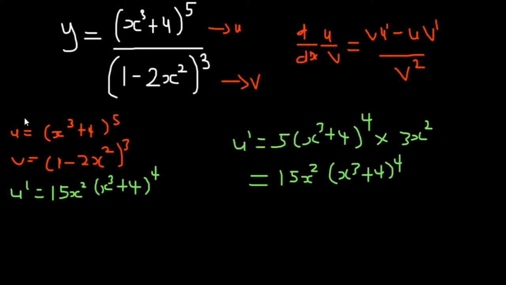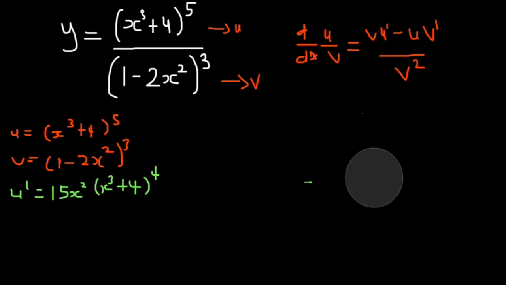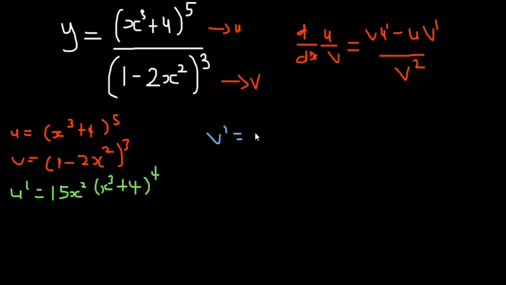Okay, so now let me find v prime also. So v prime will be equal to 3 into bracket 1 minus 2x squared to the power 2, times the derivative of what I have inside. So 2x squared times the derivative of 1 minus 2x squared, that is minus 4x.